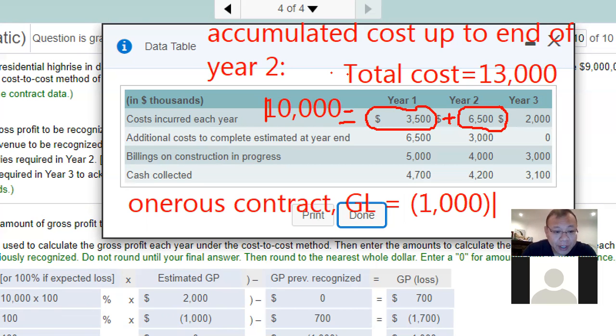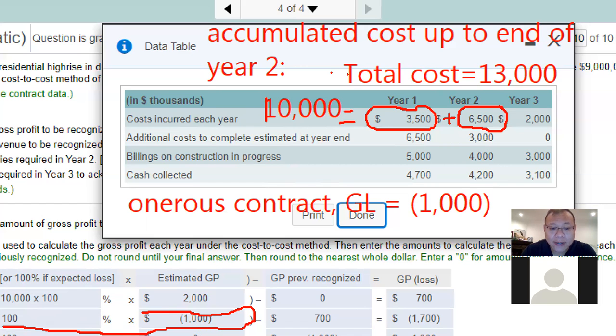So here, in year two, you have to recognize 100% of the loss because it's an onerous contract.